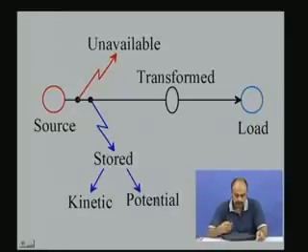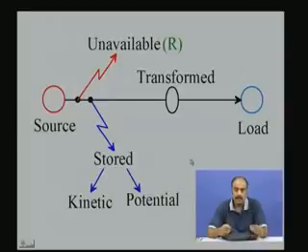These are the only two forms in which it can get stored. So, here we see that the energy that gets lost, that becomes unavailable to the load, remains lost, but the energy that gets stored in either the kinetic form or the potential form can later be recovered and sent either to the load or back to the source. One of these things can happen, as you will see by and by in future circuits.